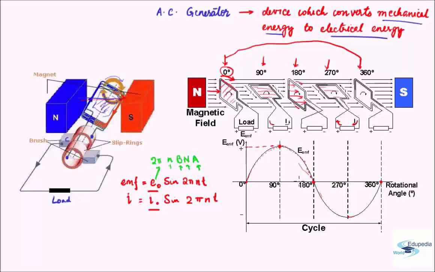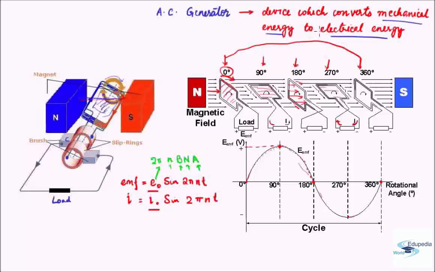Okay, one last note. The comparison between AC generator and a DC motor. AC generator is basically converting mechanical energy to electrical energy, whereas DC motor is doing just the opposite thing, that is converting electrical energy to mechanical energy. Okay, AC generator works on the principle of electromagnetic induction.